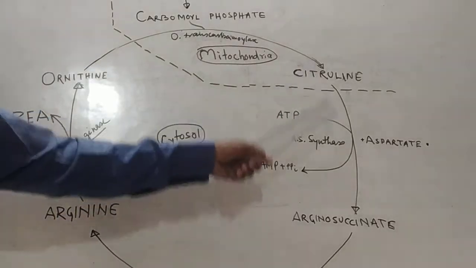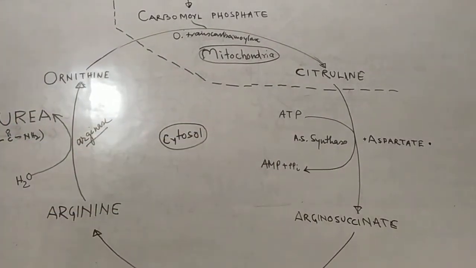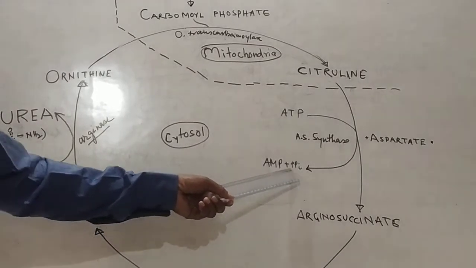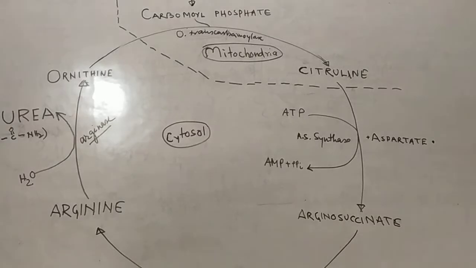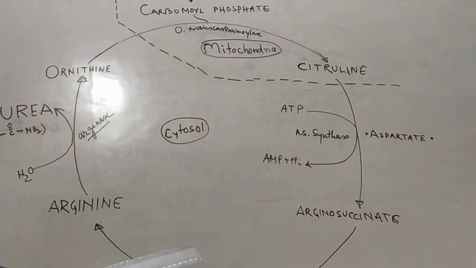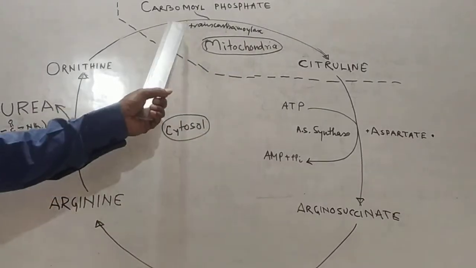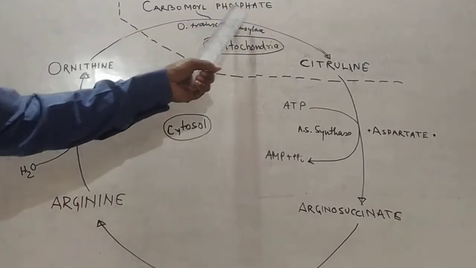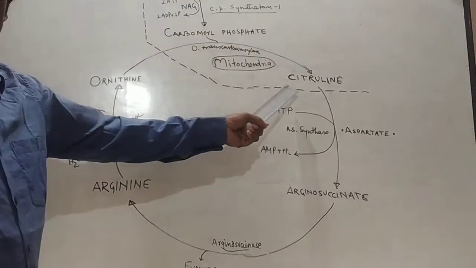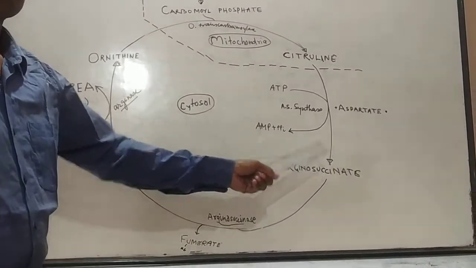At that time, this process utilizes ATP, which converts into adenosine monophosphate and pyrophosphate. So the first step of urea formation was what? Carbamoyl phosphate synthesis. Second step what? Citrulline synthesis. And third is the argininosuccinate synthesis.